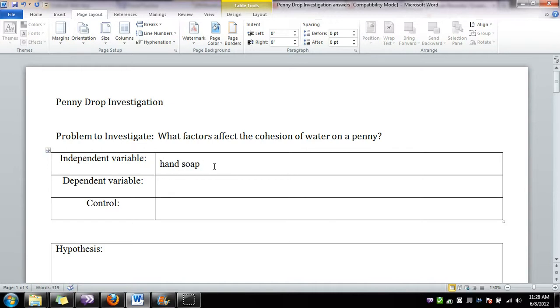What we're comparing hand soap to, otherwise known as our control group, is water. And the dependent variable for this lab is going to be the number of drops that fit on the penny. So we'll be testing hand soap and we'll be testing water.